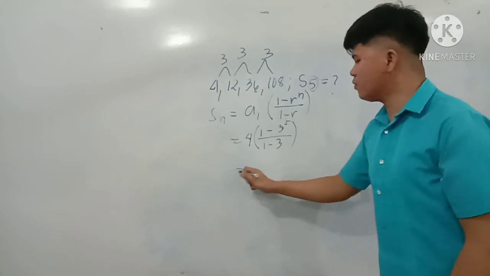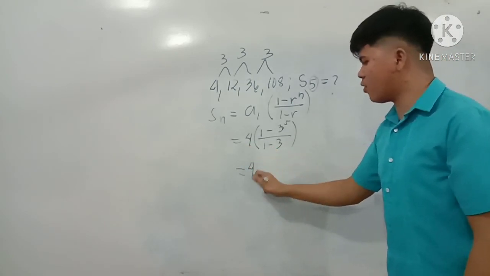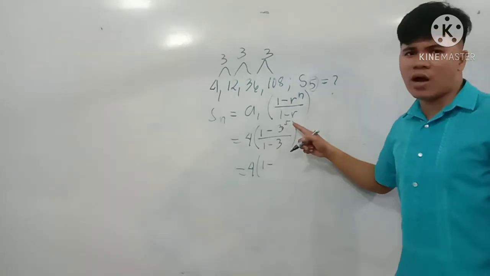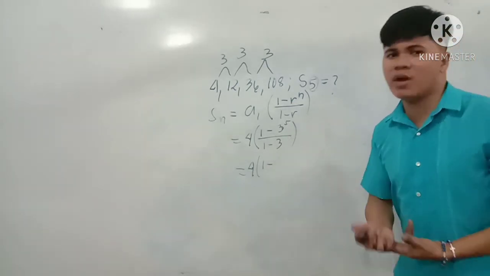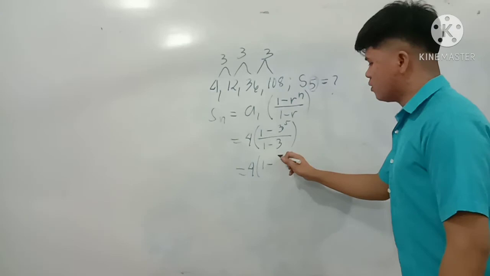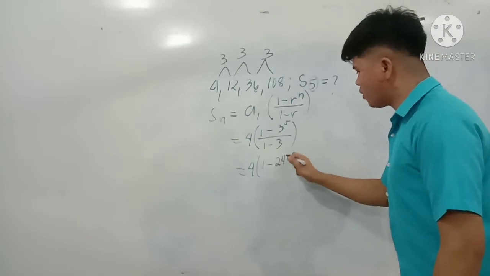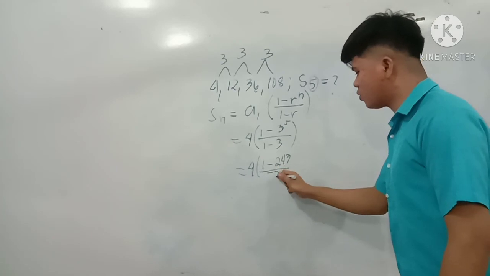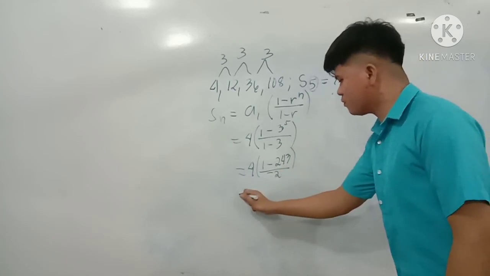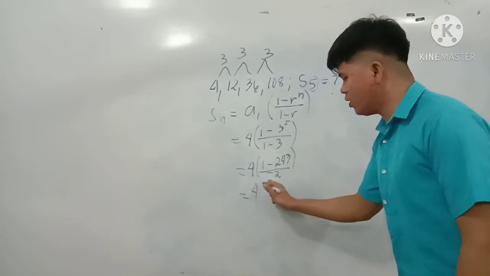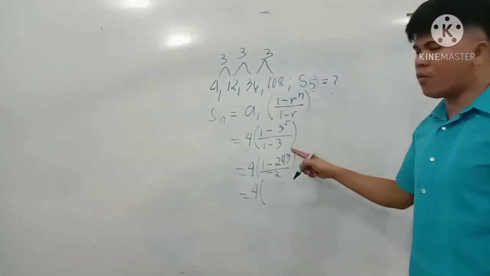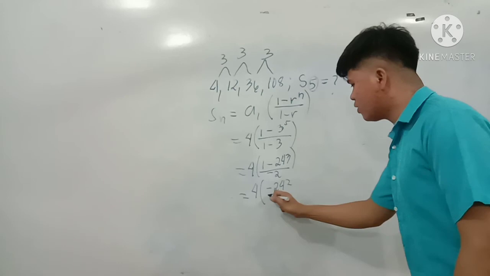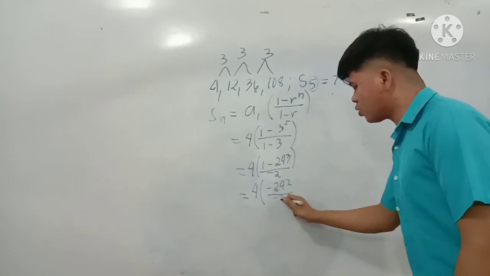Okay, then now we have to copy again 4 and 1. Then 3 raised to 5 is simply 243. So we have here 243 all over 1 minus 3, which is negative 2. Then copy again 4. 1 minus 243 will give us negative 242 divided by negative 2.